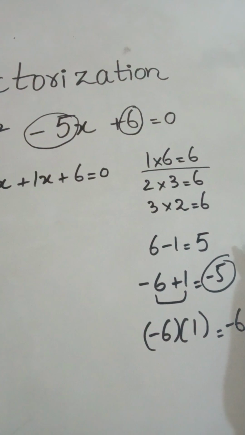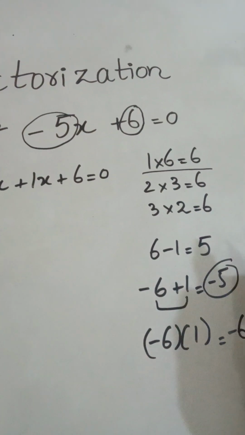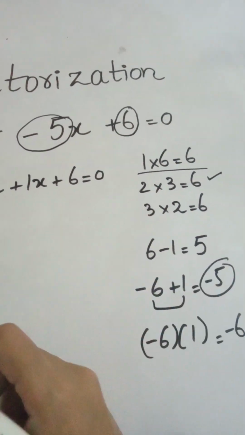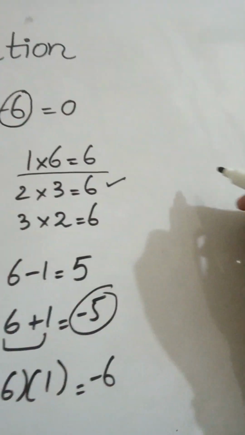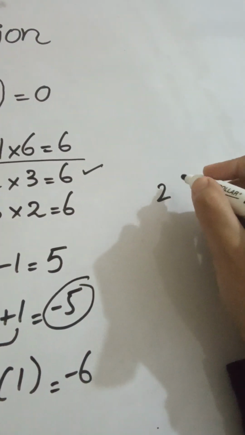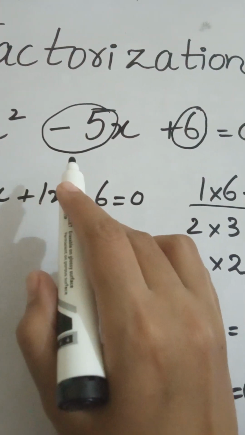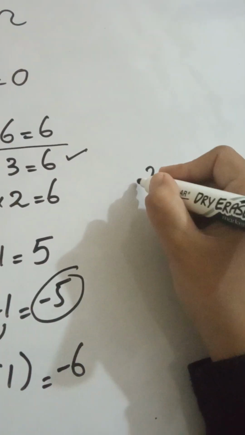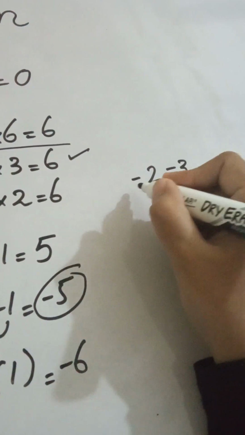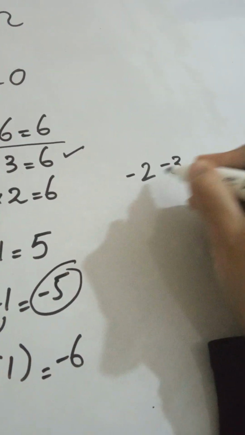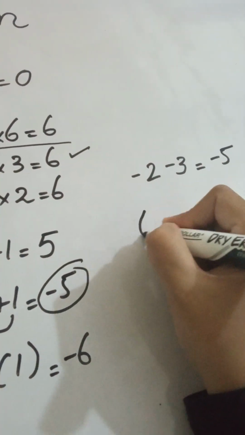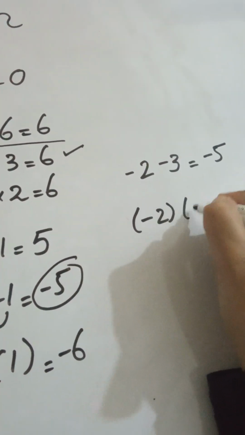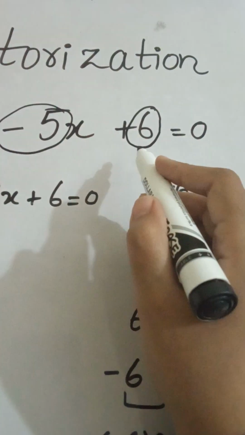So what will I do now? I will pick the other option, that is 2 times 3. I will check whether 2 times 3 gives me the pair or not. I want minus 5 when I add or subtract them. So I will write minus 2 minus 3. Why do I write minus 2 minus 3? Because minus 2 minus 3 will give me minus 5. Now I will check if I multiply minus 2 with minus 3, whether I get the constant term or not.